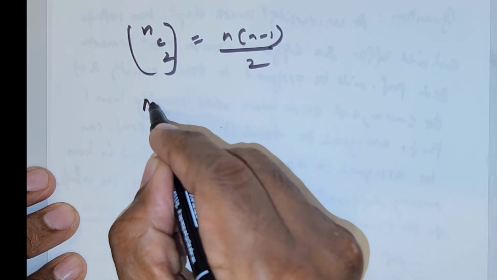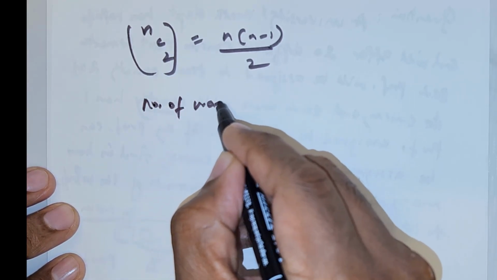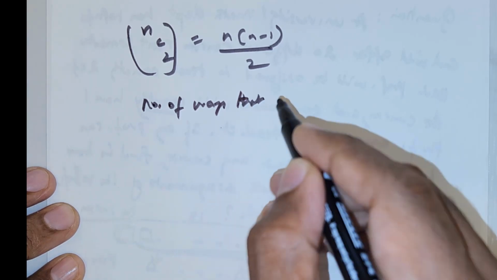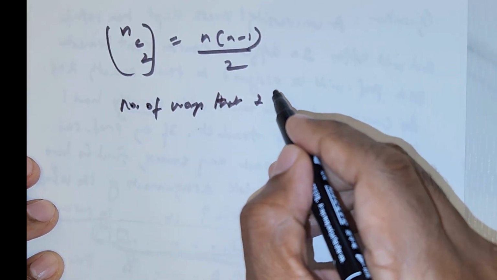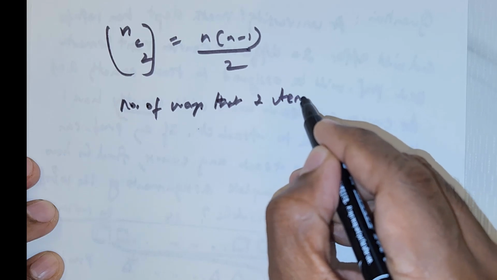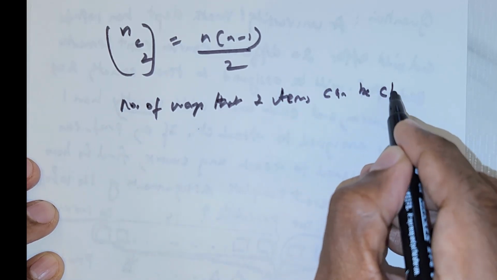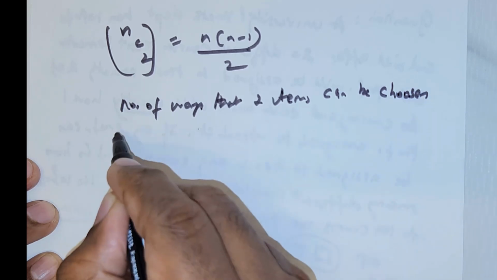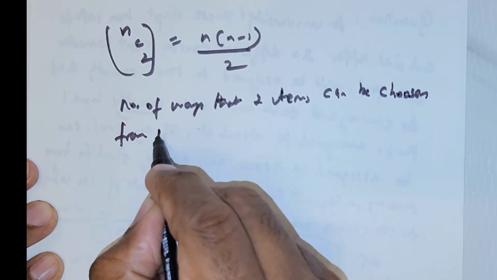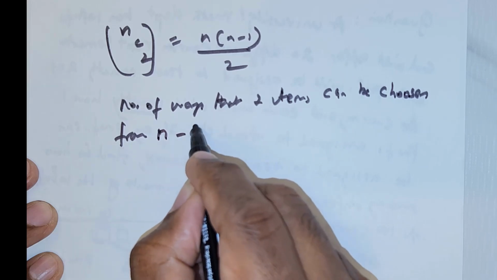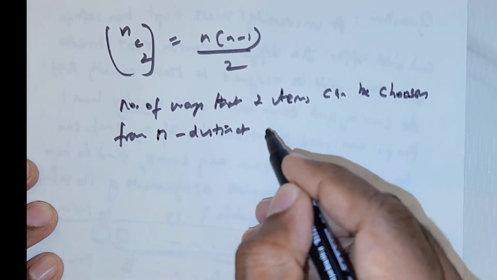The meaning is the number of ways that two items can be chosen from n distinct items.